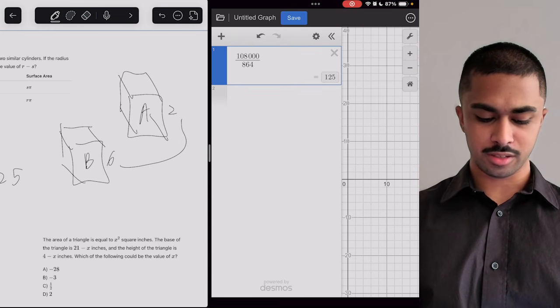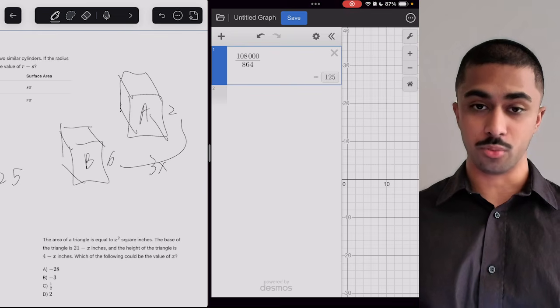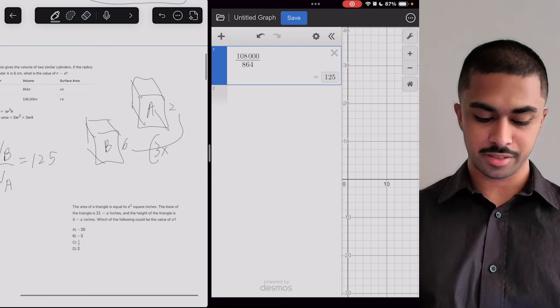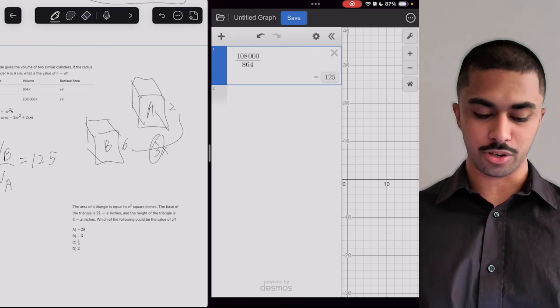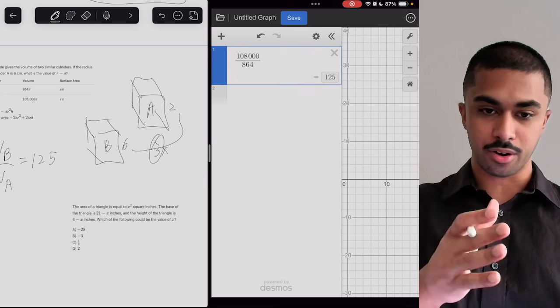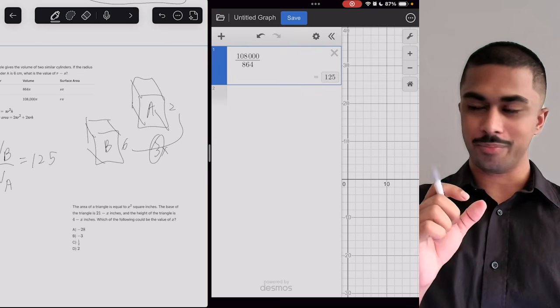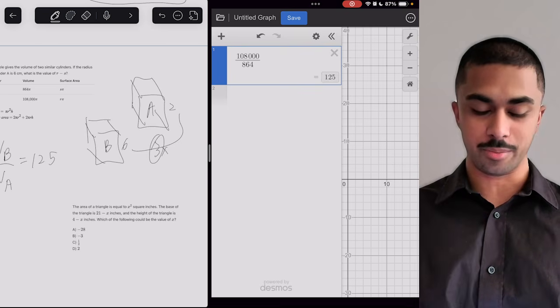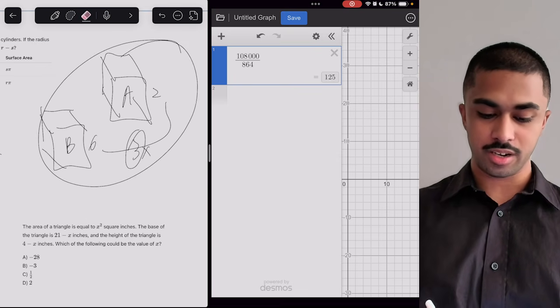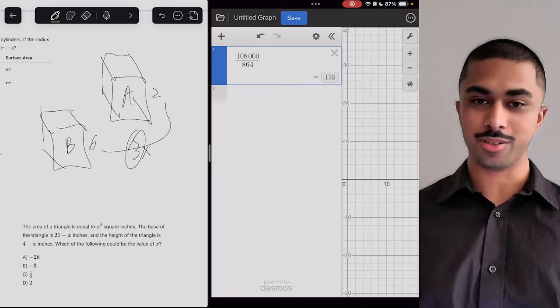Let's say this is 6. So every side on cube B is 3 times as large as cube A. All scale factor means is this. It's how many times larger each of the side lengths of the bigger shape is to the smaller shape. So in this case, the scale factor for this example is 3 because each of the side lengths are 3 times as big.